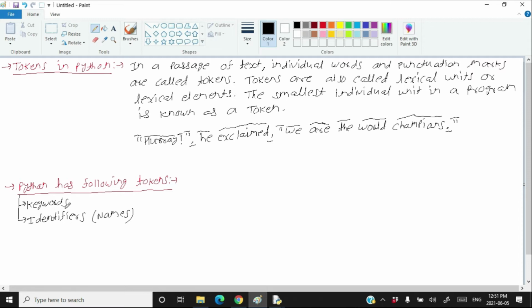Keywords are the fixed words in the Python programming language, and identifiers are the words decided by programmers. Then we have literals, then operators, then punctuators. Keywords, identifiers, literals, operators, and punctuators: these are the five tokens used in the Python programming language. Let's see these tokens one by one.